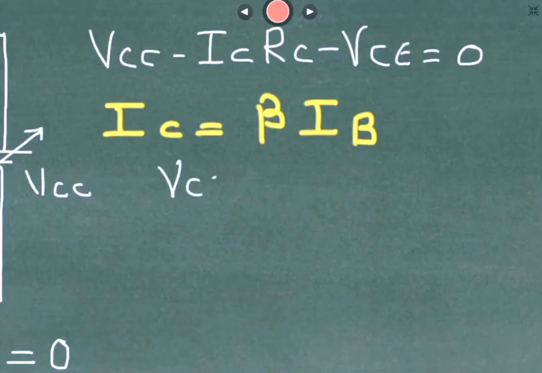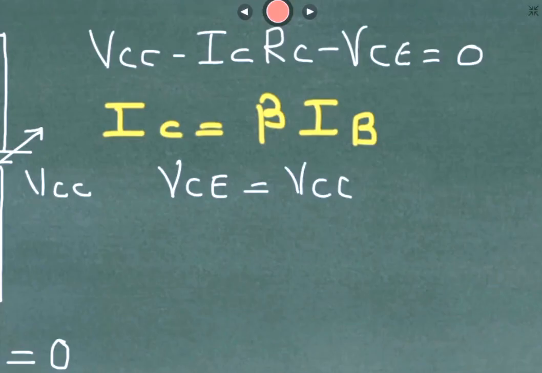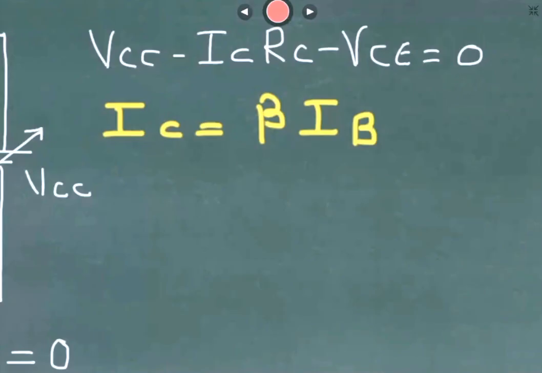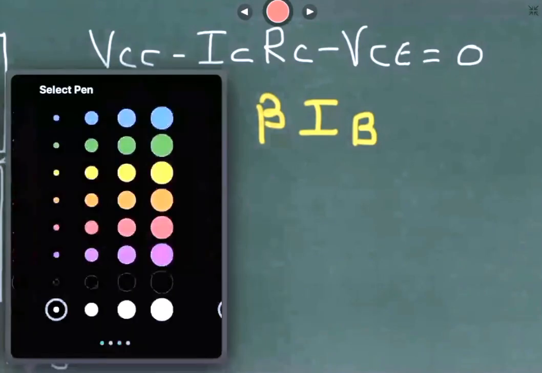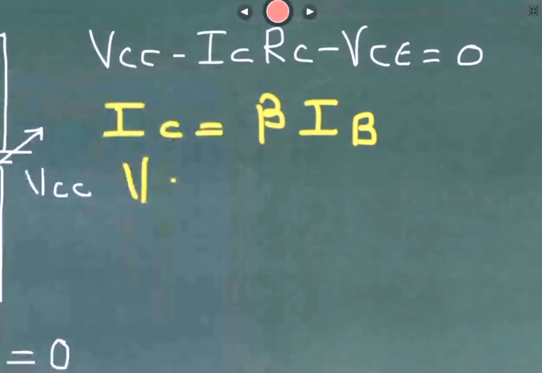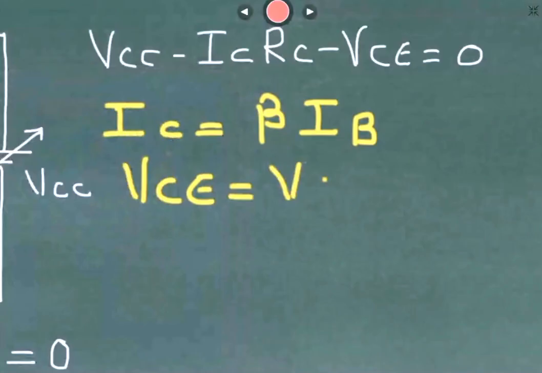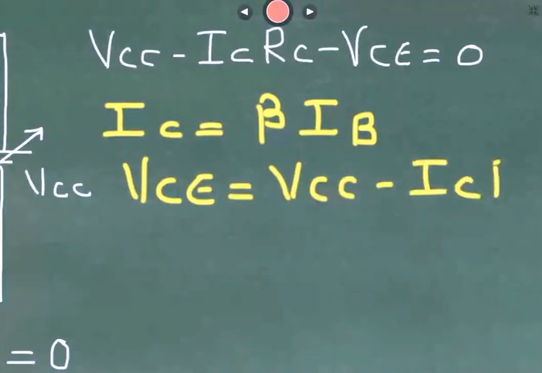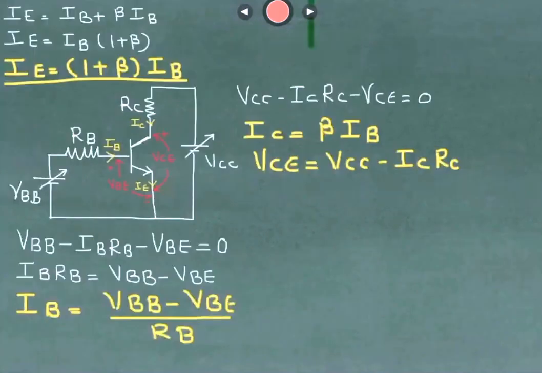VCE is equal to VCC minus IC into RC. I will directly write down the equation so that we can use it for our further problems. So VCE is equal to VCC minus IC into RC.